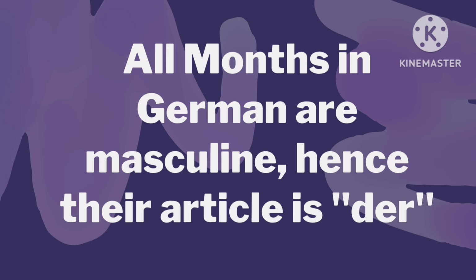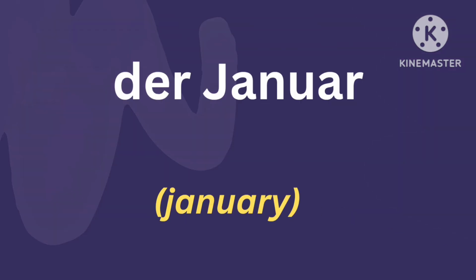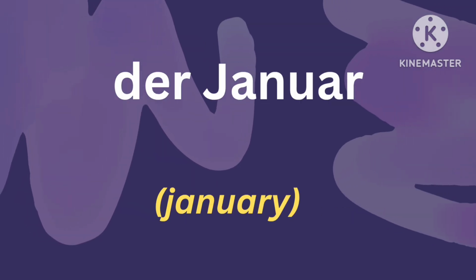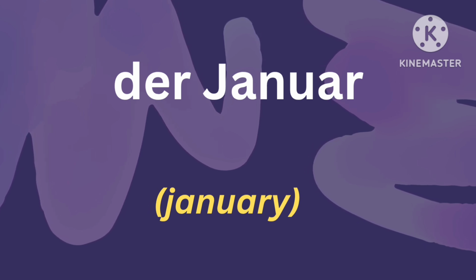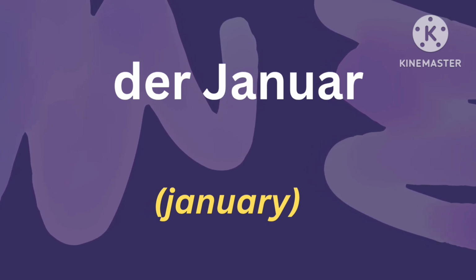Now let's learn the names of months in German language. Der Januar. Der Januar. As I told you in my video on alphabets, J is yacht in German and its sound in a word is Y. That's why it's Januar.